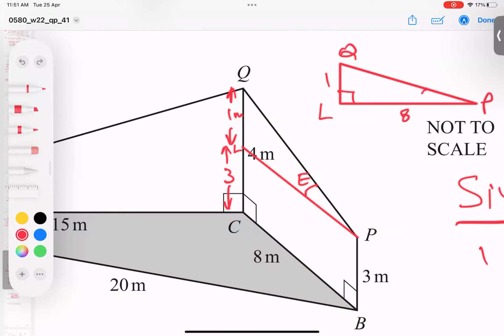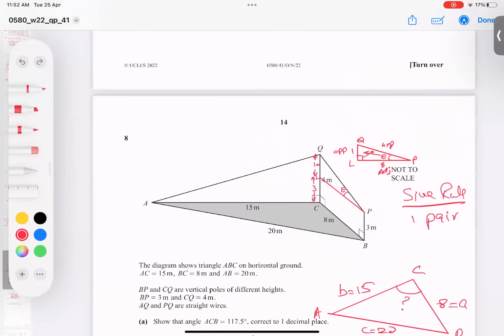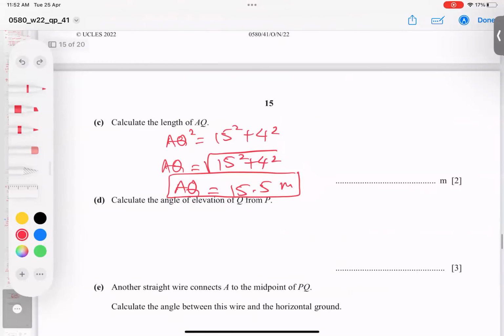So I can find this angle E for elevation. In front of the angle is called opposite, in front of 90 is called hypotenuse, and what is left is called adjacent. So opposite by adjacent: 1 by 8 is tan theta. So tan theta equals opposite by adjacent.